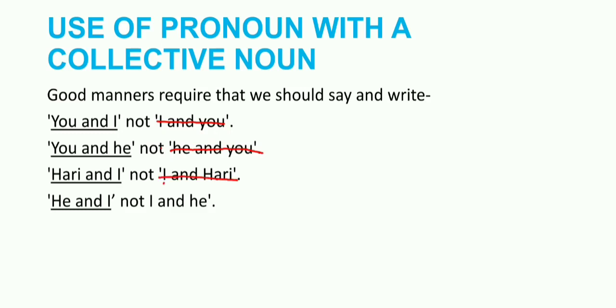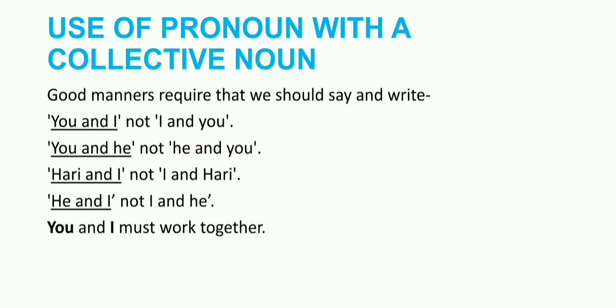Same is the case with he and I. We may not say I and he. Okay, so these are all incorrect. The correct statements are these: you and I, you and he, Harry and I, he and I. The correct usage of the person pronouns.